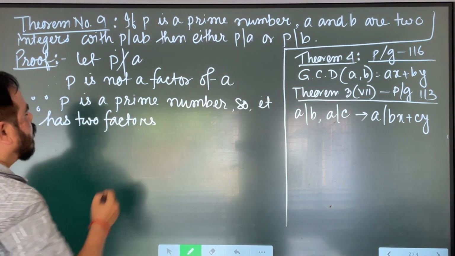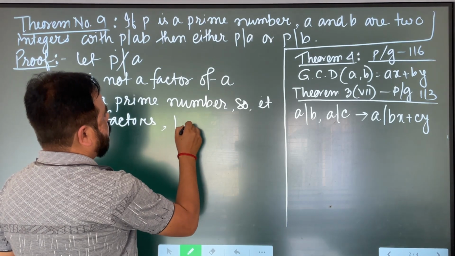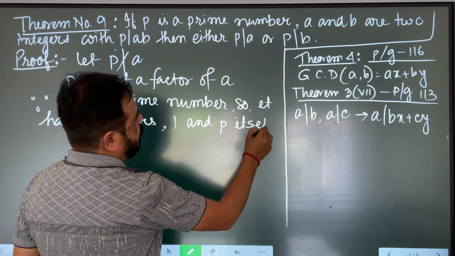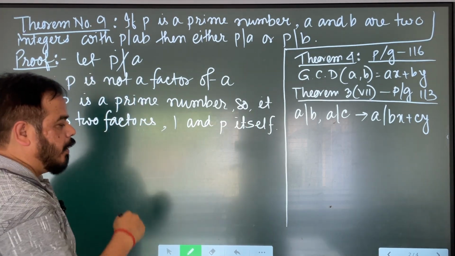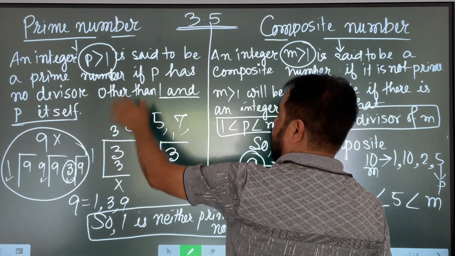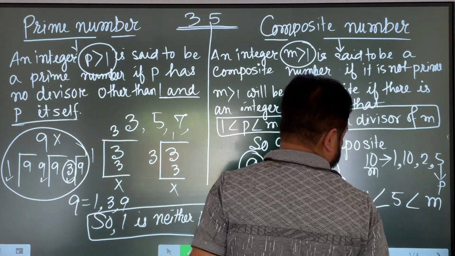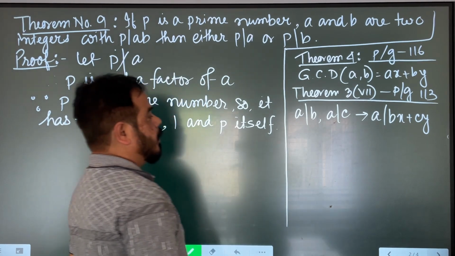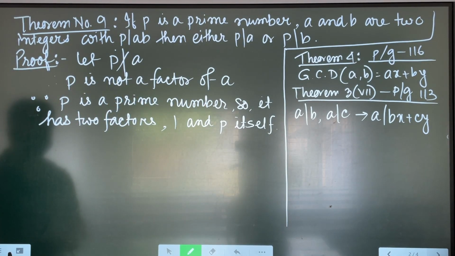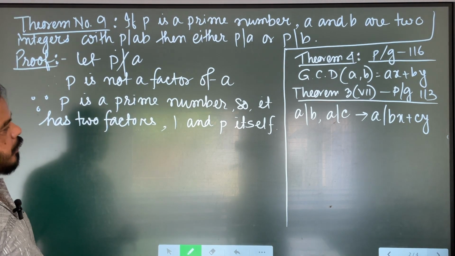What are they? 1 and P itself. Since it is prime, because in the previous part we have understood what a prime number is. So since P is a prime number, it has two factors, 1 and P itself.